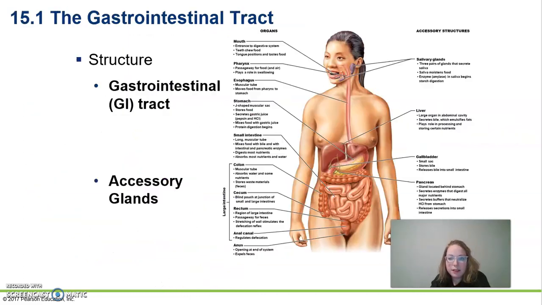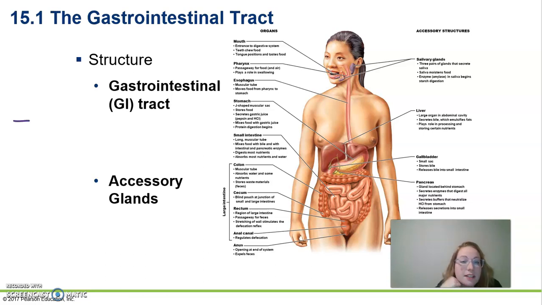So now let's look at the parts. 2 sections of our digestive system. We've got the GI tract and all of these organs along it. And then we've got accessory structures that aren't part of that, but their secretions are going to help us do the jobs of the digestive system.